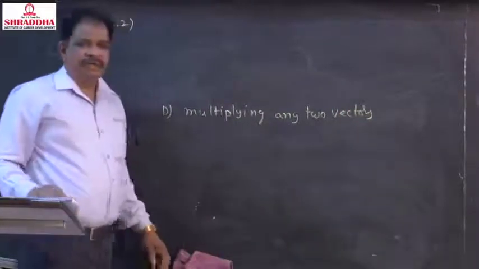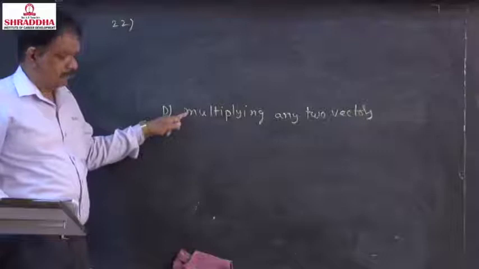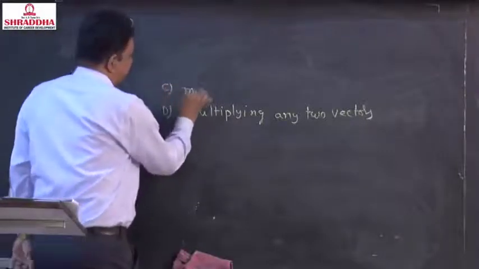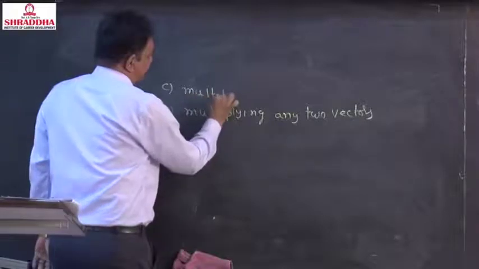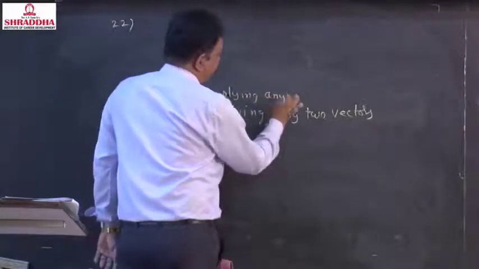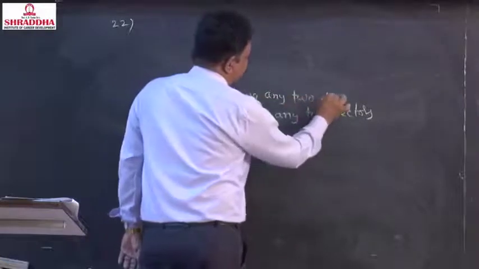Fourth statement, you remove and write this one. Third statement: multiplying any two scalars.